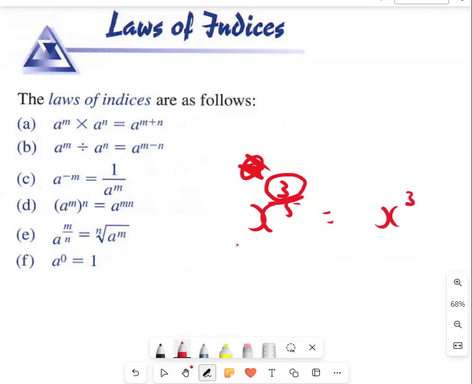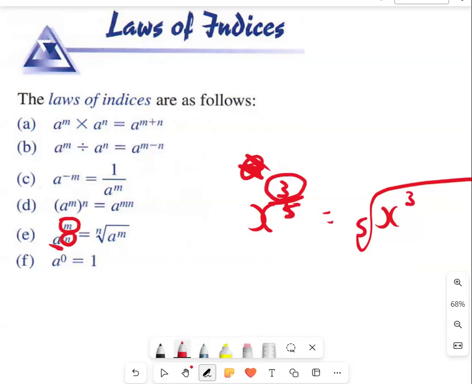And the number at the bottom here, you find that root, the 5th root of it. So whatever is in the numerator, you raise the number to that power. Whatever is in the denominator, you find that root of the number raised to the numerator power.